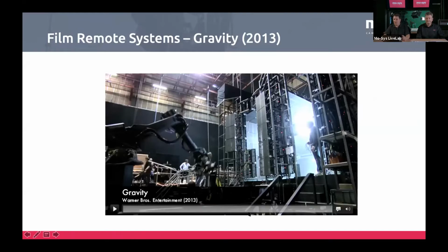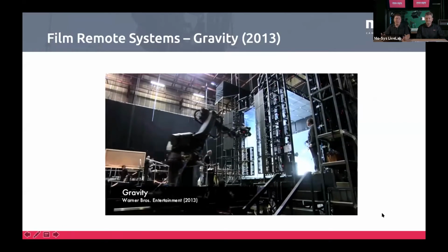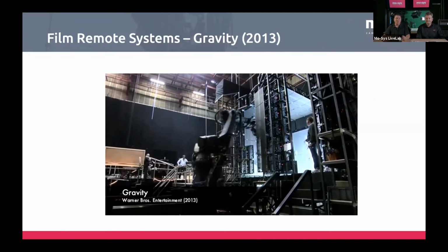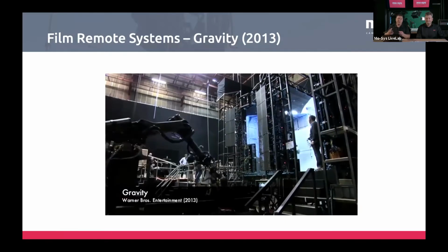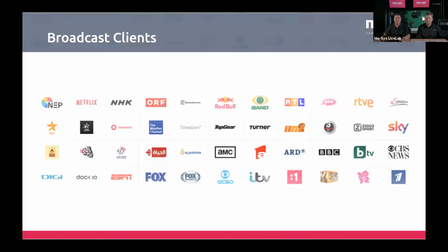And I'm seeing now that actually it was the first time ever proper LED screens have been used with perspective changing depending on the camera's position. Was exciting. Then here are our broadcast customers, and there are more than 50 countries with about 100 systems installed.